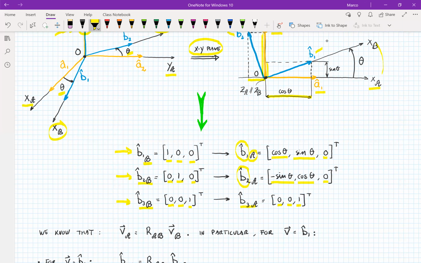Okay, so now how can we use this information in order to construct our rotation matrix? Well, we know that a vector expressed in the reference frame A is equal to RAB times the same vector expressed in the reference frame B. If we consider as our vector V our vector B1, we have B1 expressed in both the A coordinates and the B coordinates.